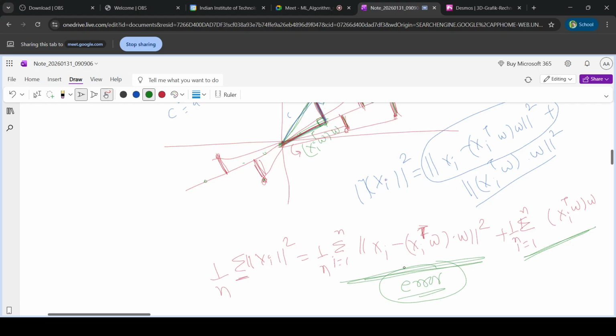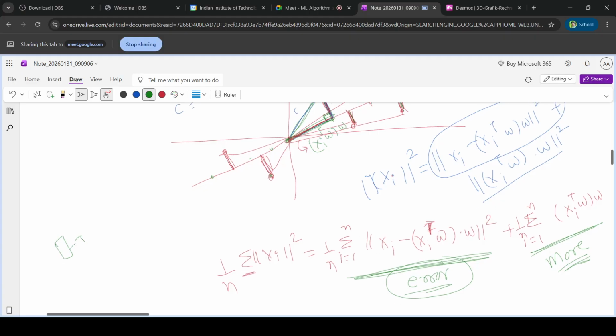So if this error is small, this should be more, because if you have this much information, and one part is small, the other has to be a little bigger. It is 8; if it is 2, the other should be 6. So if the error is small, this value should be as large as possible to get the final result.